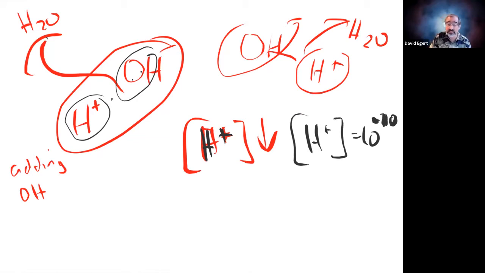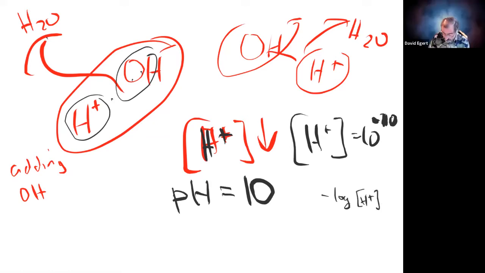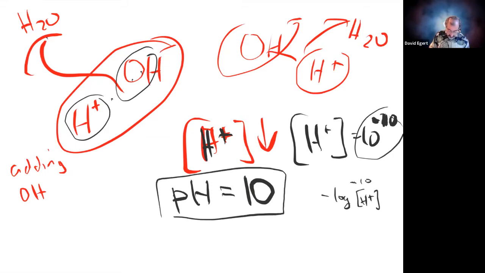What's the pH of this thing? 10. Right? Remember, it's just minus log of the H plus concentration. So the power I need to raise 10 to make 10 to the minus 10 is just minus 10. Minus minus is a plus. So here, pH is going up when H plus concentration is going down.